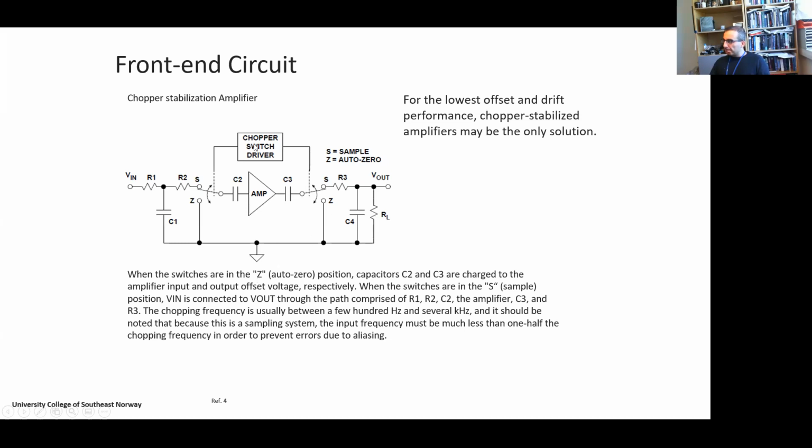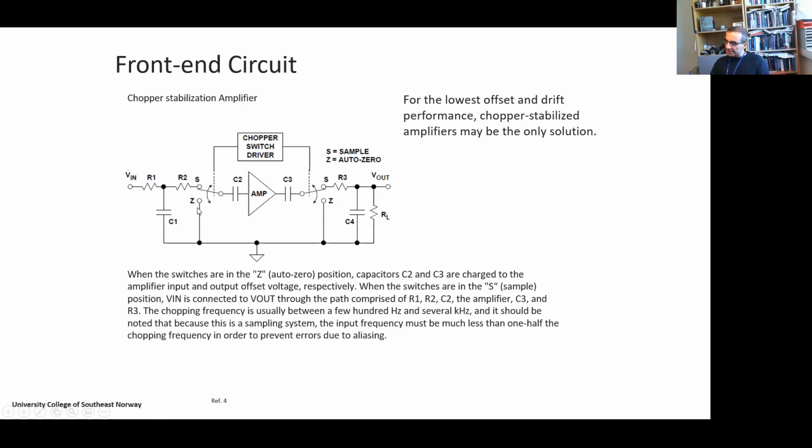In this case, here's an example with auto zeroing. Here you see a system with a sample phase and then an auto zeroing phase. It has basically two clocks which switch, at the input and at the output. When the clocks are on here, we are in the auto zero position.